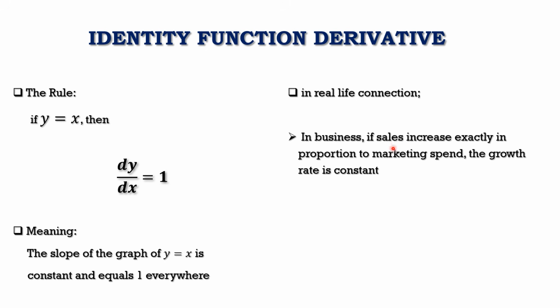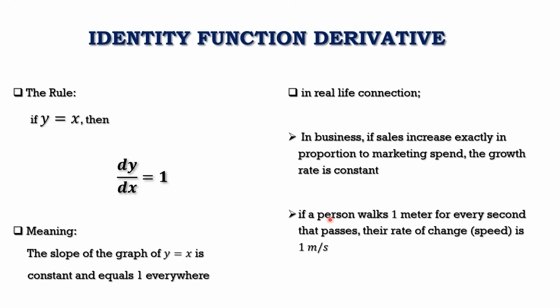In business, if sales increase exactly in proportion to marketing spend, then the growth rate is also constant. Then if a person walks 1 meter for every second that passes, their rate of change, which represents the speed, is also 1 meter per second. So if I have y equal to x, then dy over dx is equal to 1.